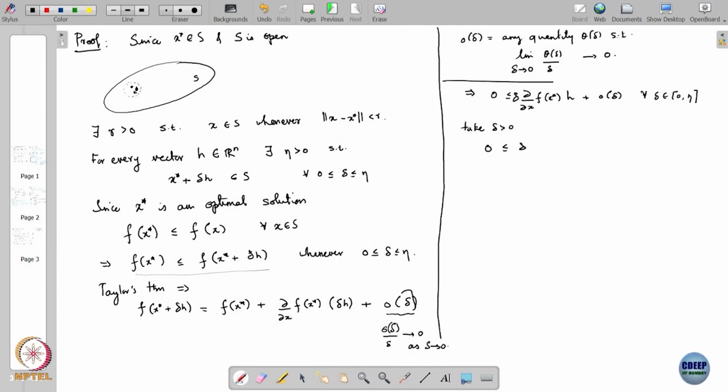In that case, this is true. Now, since this is true, I can let delta go to 0, then that would give me that the derivative of f with respect to x evaluated at x star times h is greater than or equal to 0. Remember, this derivative is a row vector, h is a column vector, and this times this is a scalar greater than or equal to 0.